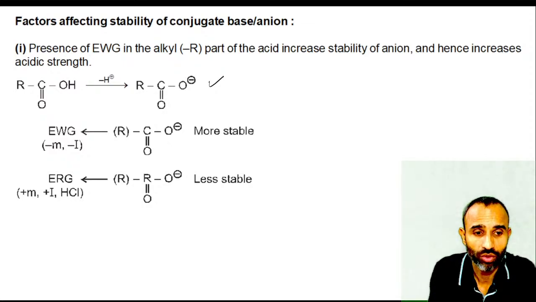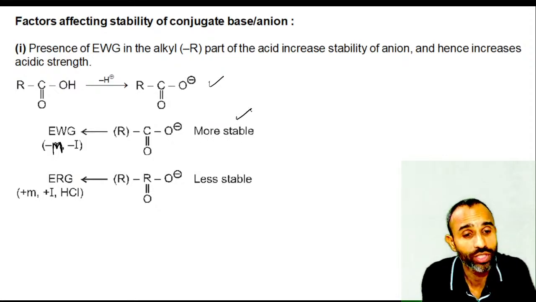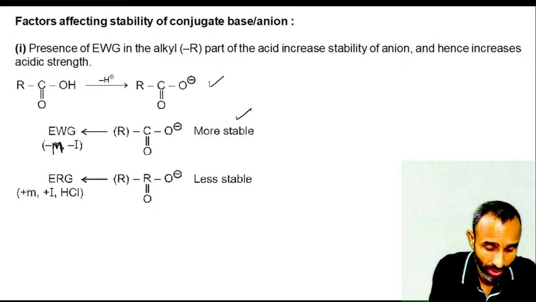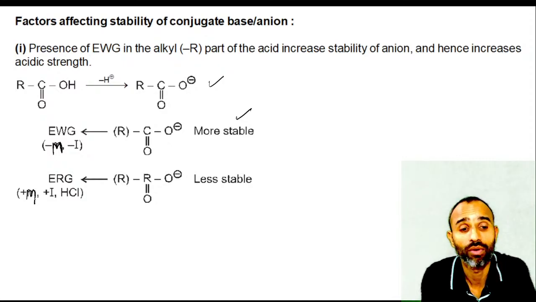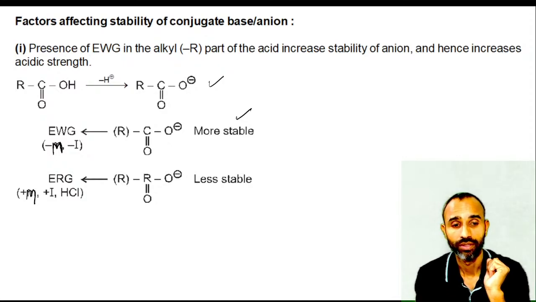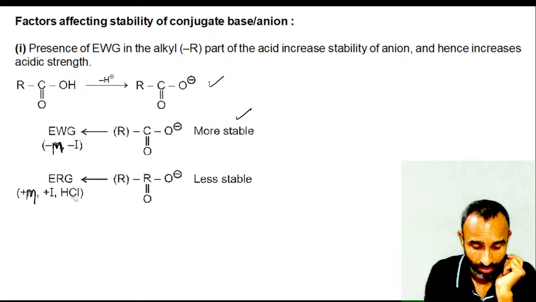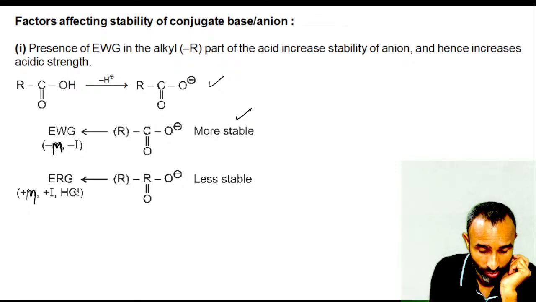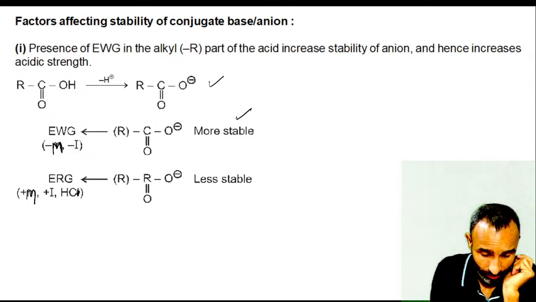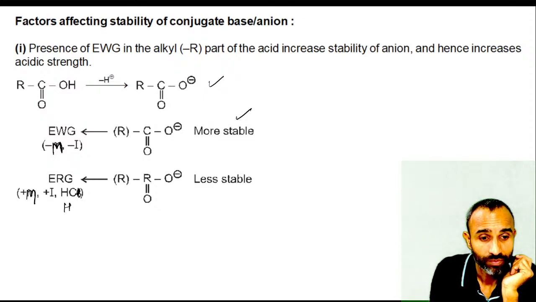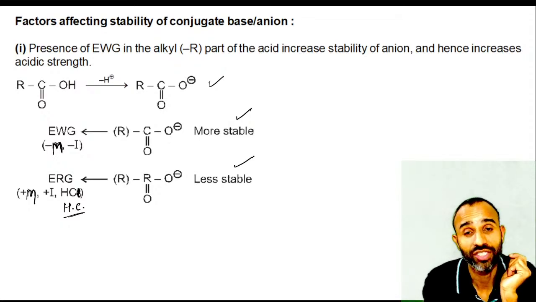Electron withdrawing groups with minus M or minus I effect will make it more stable. And if there are electron releasing groups, plus M or plus I, or hyperconjugation, that will make it less stable.